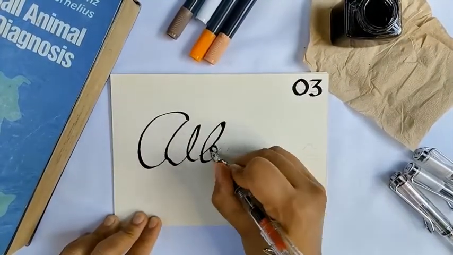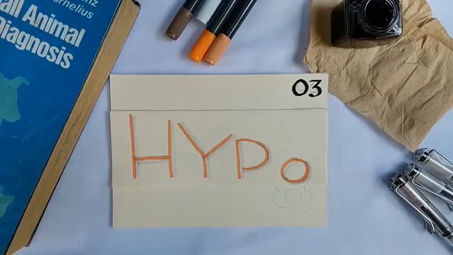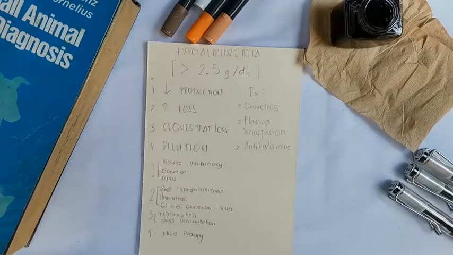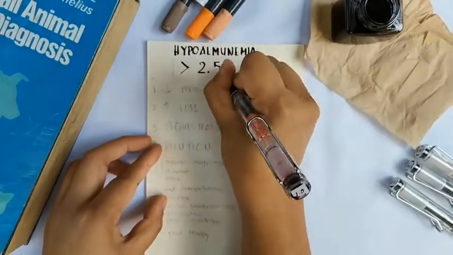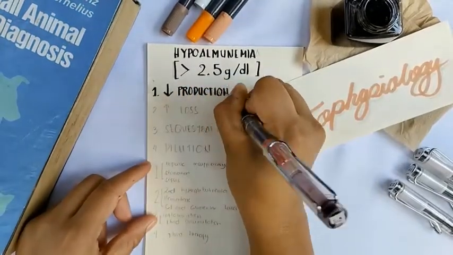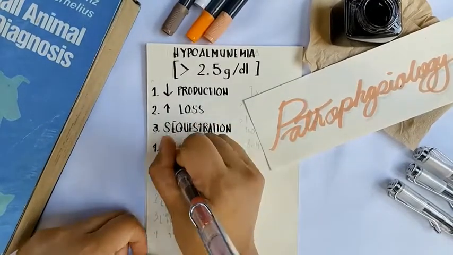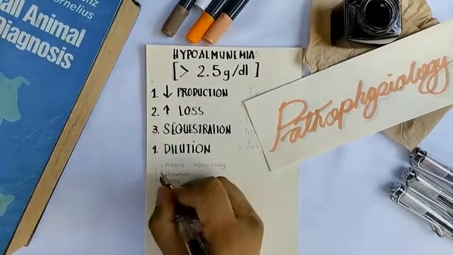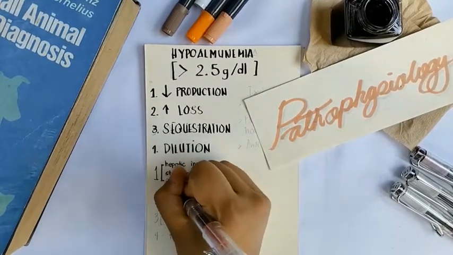Number 3. The albumin. Hypoalbuminemia, or less than 2.5 grams per deciliter. Its pathophysiology is decrease in production, increase in losses, sequestration, and dilution. During decreased production, we have hepatic insufficiency, starvation, and sepsis.